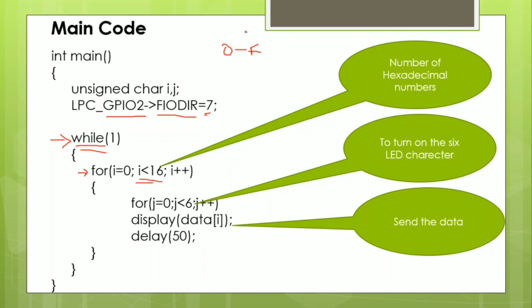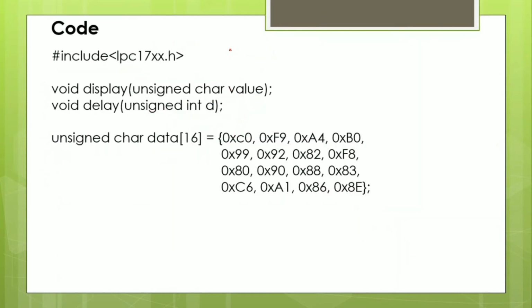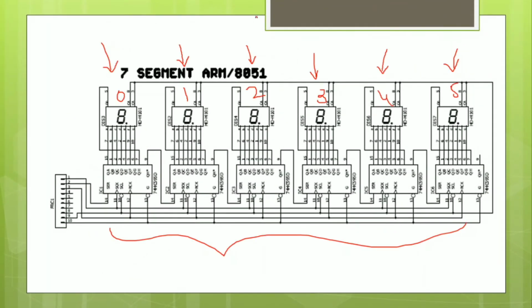Now how many times do you have to display the 0? You have to display the 0 on 6 different LEDs, 6 different segments. See how many segments you have: 0 to 5. So 6 times you have to display the 0.